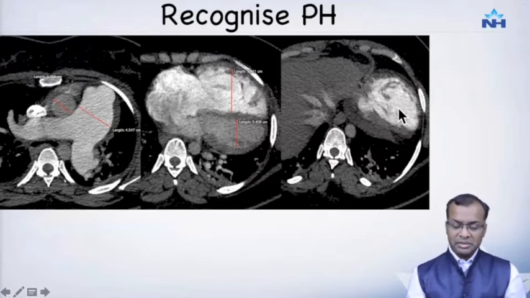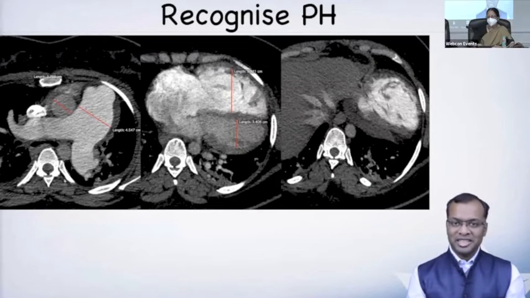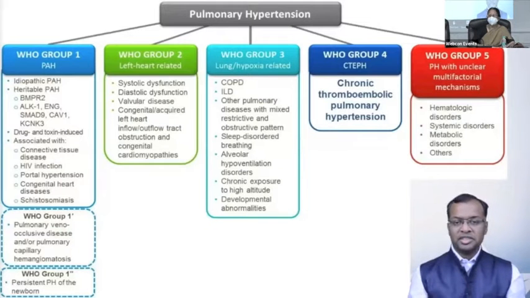When you see contrast within the right ventricle, and you also see contrast refluxing into the IVC and the hepatic veins, that is a surrogate marker to say that the patient has tricuspid regurgitation, another feature pointing towards pulmonary hypertension.